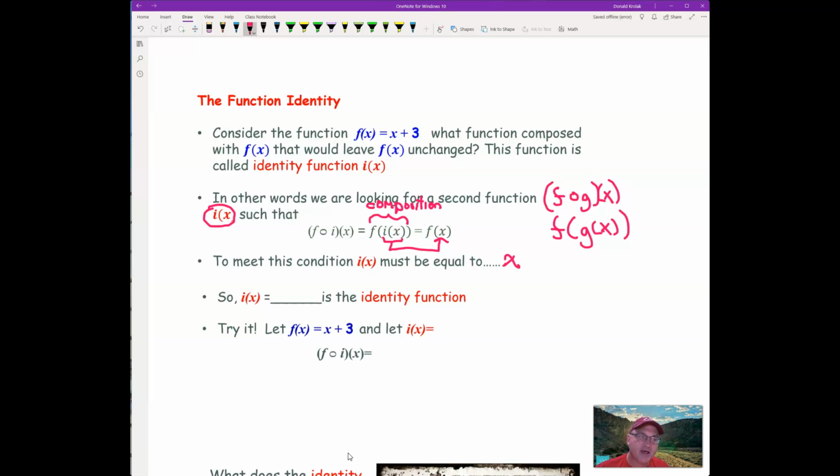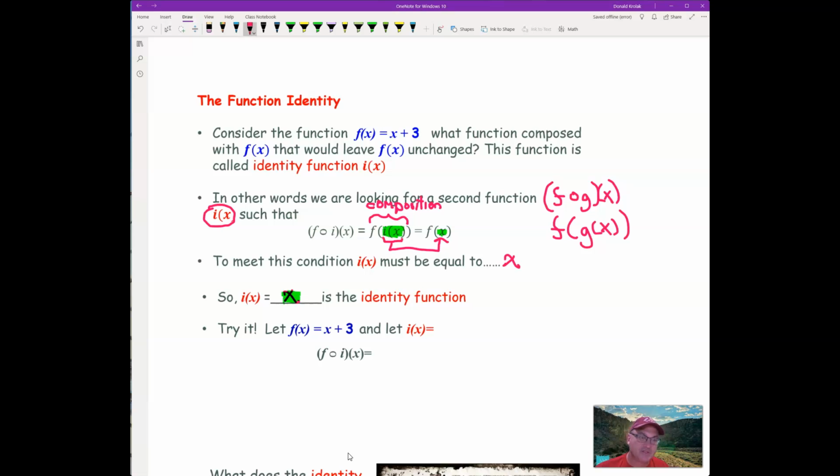If I of x is the same as x, then what that means is I can take this out and I can replace it with an x because those two things in green are the same. So what that does, it keeps f of x the same. It's still f of x. So the identity function is I of x equals x.